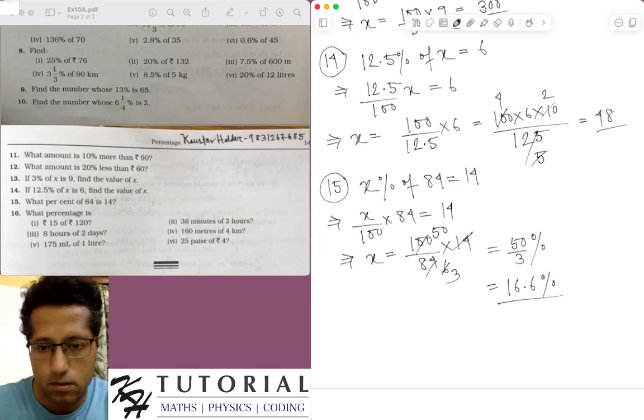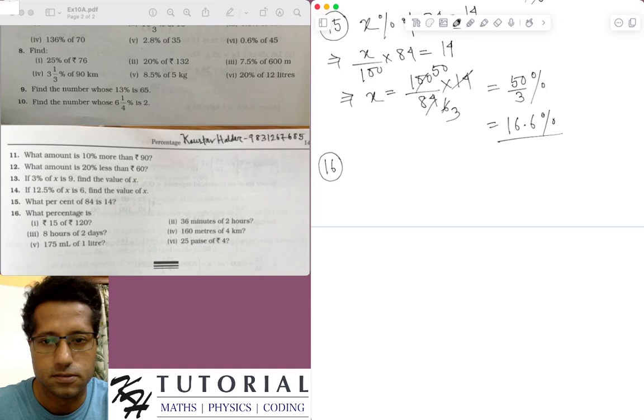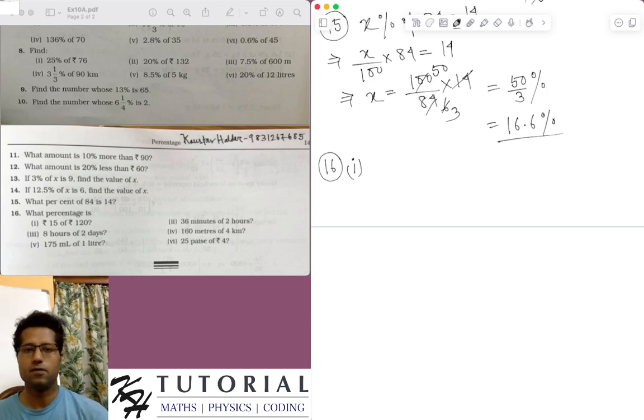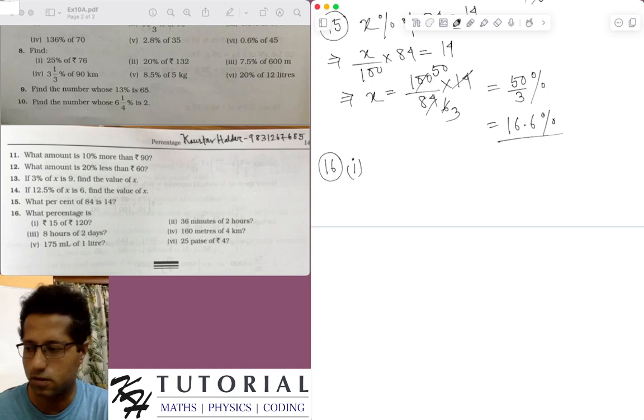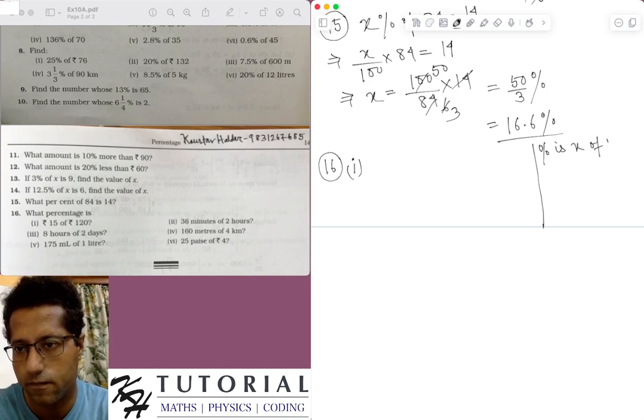Okay, question number 16. What percentage is rupees 15 of rupees 120? This question is based on the fundamental concept that I discussed at the very beginning, that what percentage is x of y is x by y into 100.